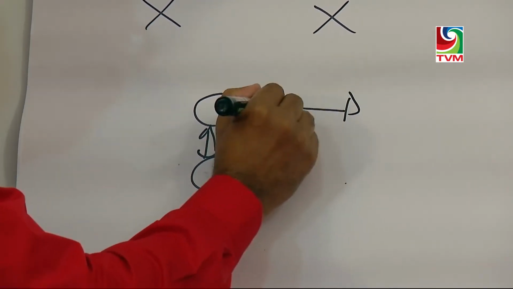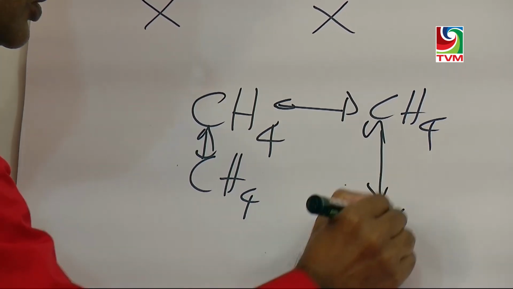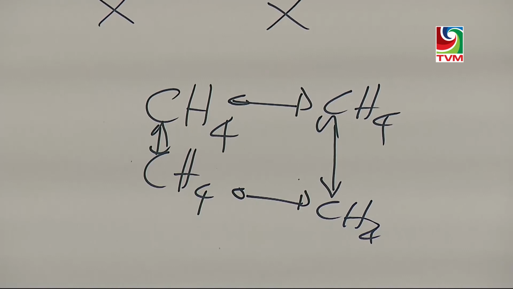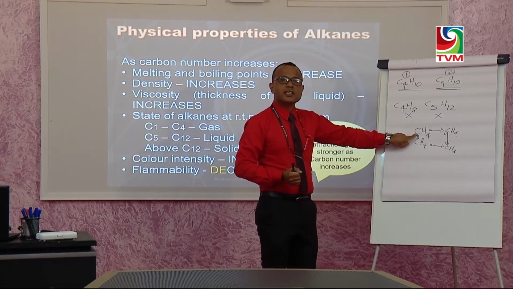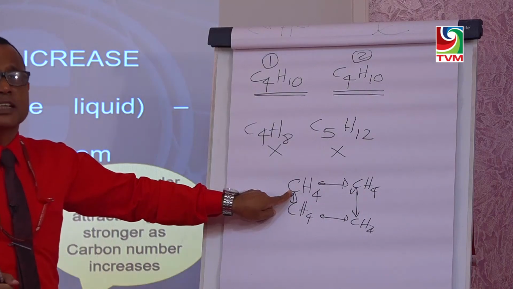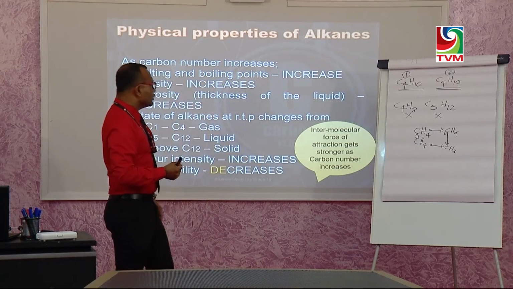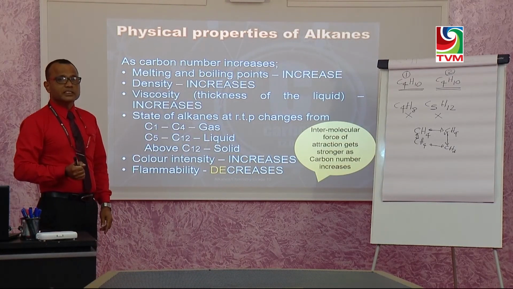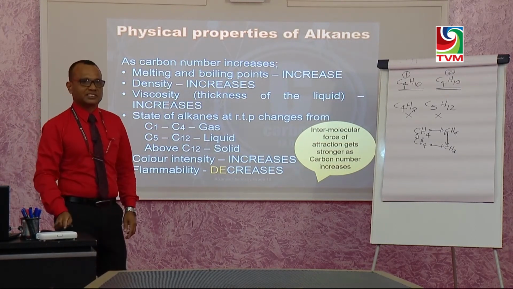Not only two, so many molecules are attracting towards each other. So we call them intermolecular forces. When the carbon number increases, the intermolecular forces get stronger. So the intermolecular force of attraction gets stronger as carbon number increases, causing the trends in physical properties.